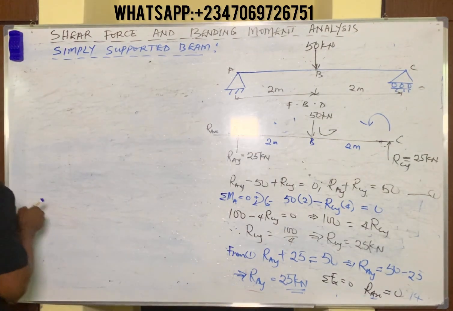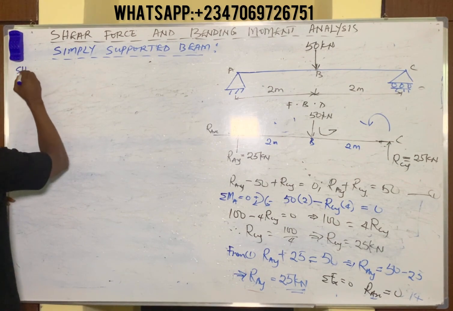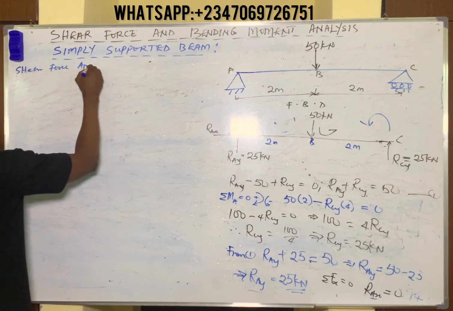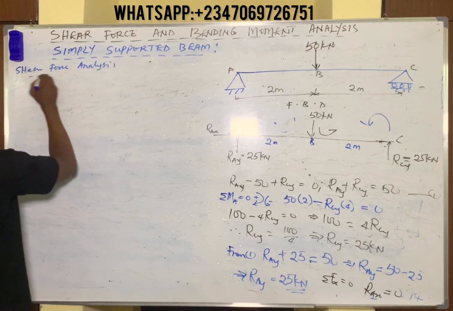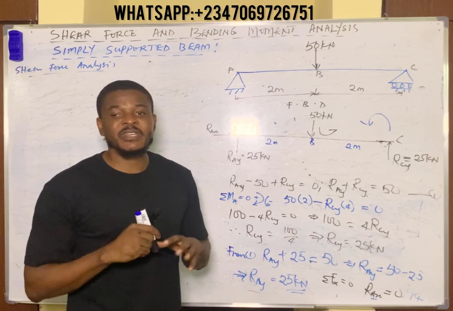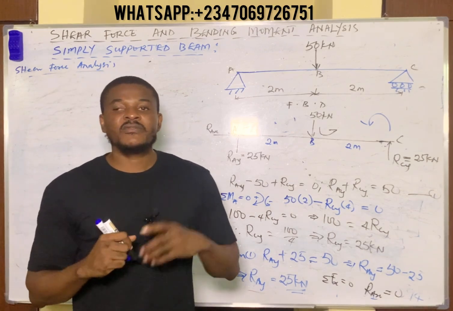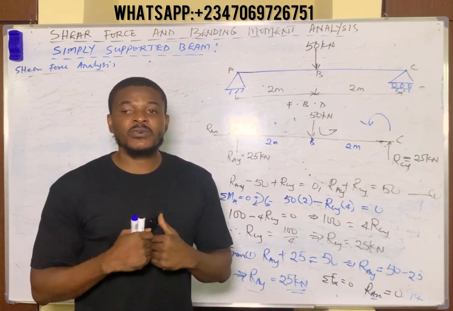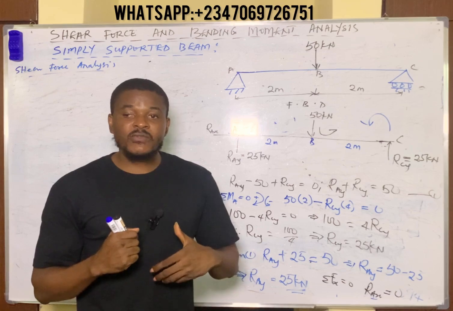Okay, so let's start our shear force analysis. Shear force simply means the stepwise summation of the entire force acting on the beam from the beginning of the beam to the end of the beam, considering vertically upward force as positive and vertically downward forces as negative.